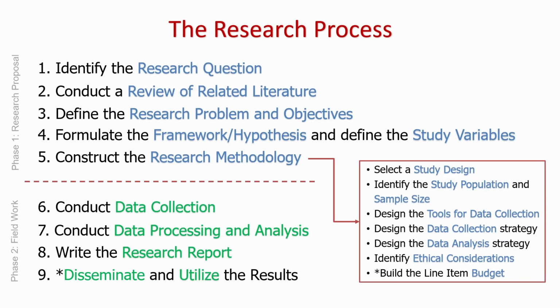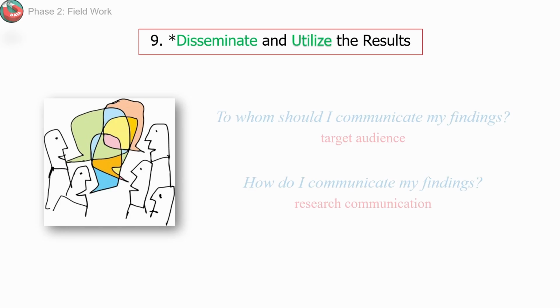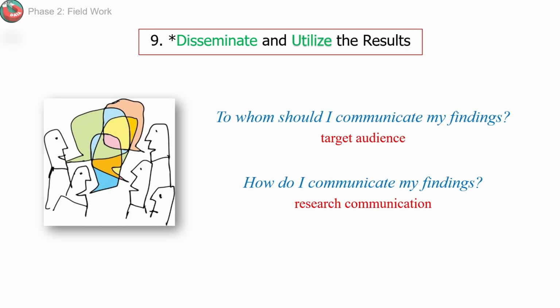Now let's go to the last part of the research process. Well, the research process is a scientific, systematic methodology. Research communication is an art form and is beyond the scope of this lecture. However, we should ask ourselves some guide questions. Where and to whom do I need to share my study findings? Different audiences will have different requirements and expectations.